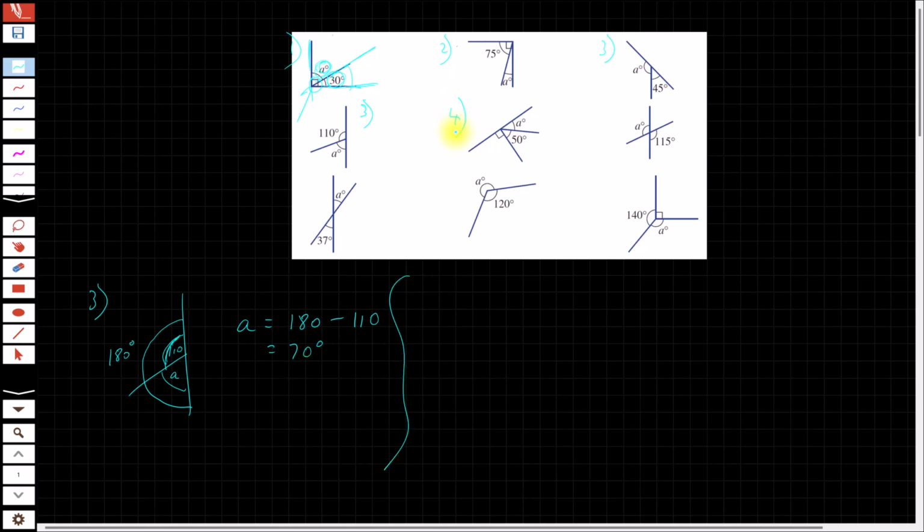Number 4, we have a line here. We have a line coming off perpendicular to that line, which means it's at 90 degrees, with the 90 degree symbol there. We have another line drawn out this way.